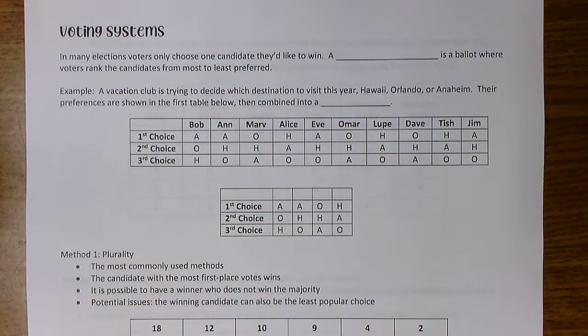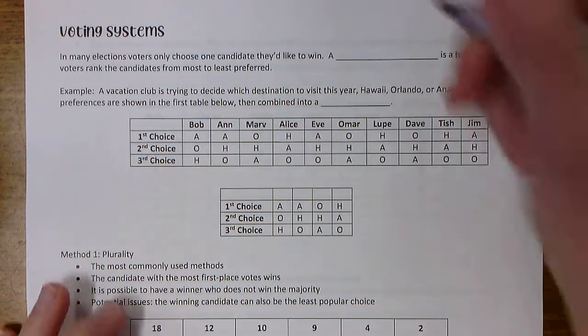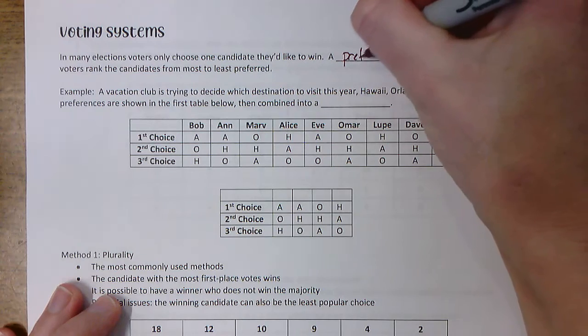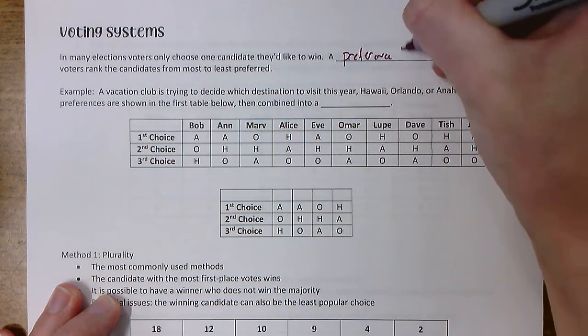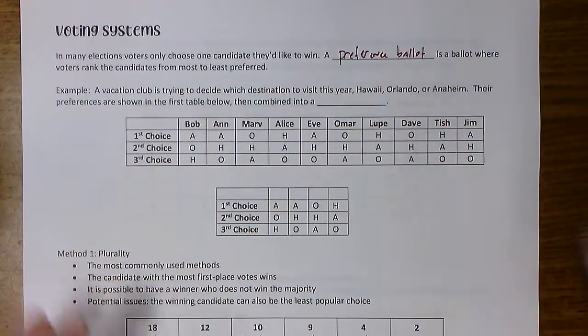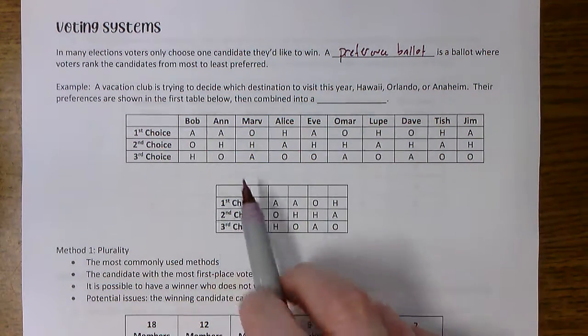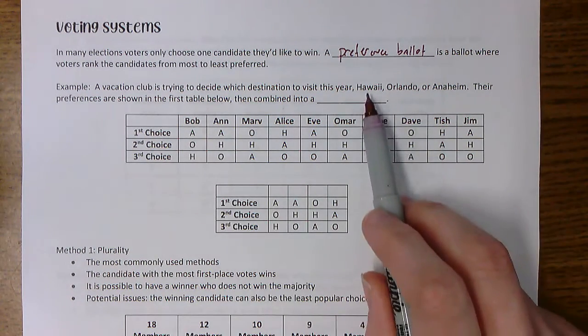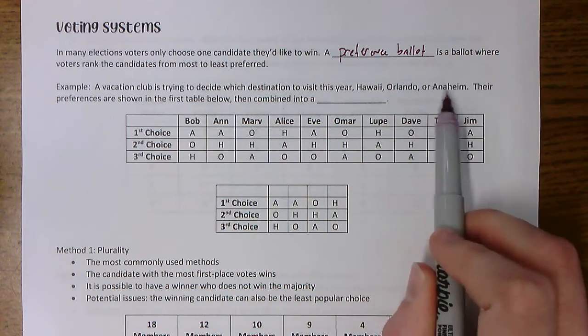So to begin with, there's an alternate way that you can collect information from people. There's a particular type of ballot that is called a preference ballot. A preference ballot is where instead of just saying, I pick this one thing, you actually rank your choices from most to least preferred. So in this case, as you look at this table, I abbreviated Hawaii, Orlando, and Anaheim to HOA.